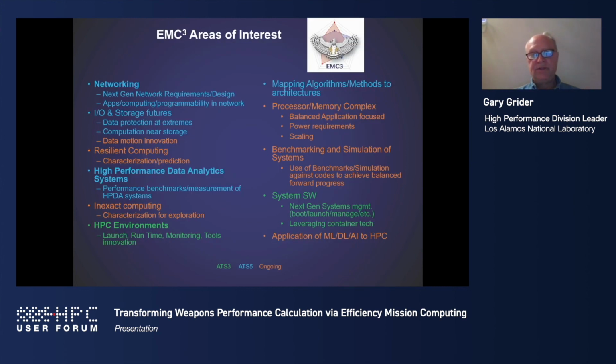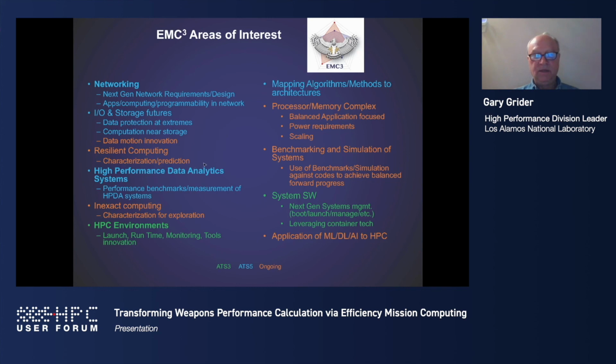The areas of interest for that organization are very, very broad, and we're essentially shooting for using these areas to help in moving towards a more efficient way to compute, so that we can get that 30x that we see. Networking, of course, next generation, especially computing in the network, storage, especially computing in the network, and data movement innovation, and the like.